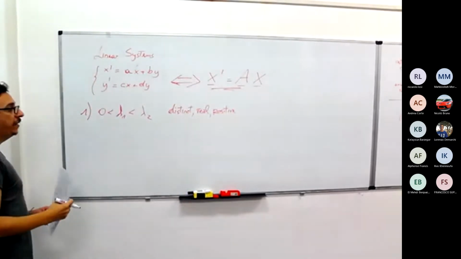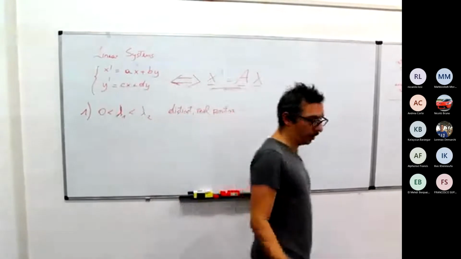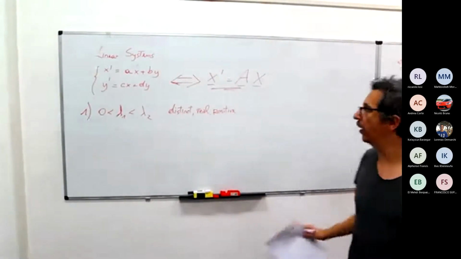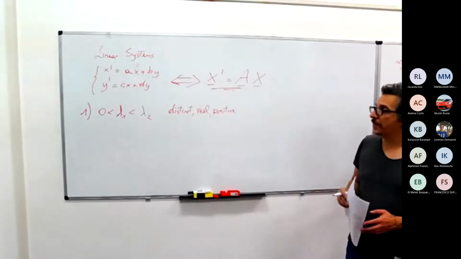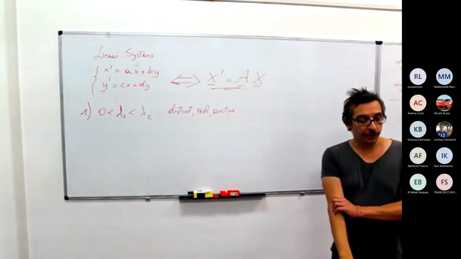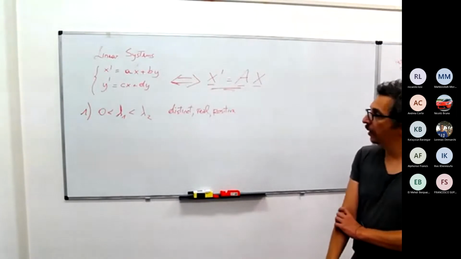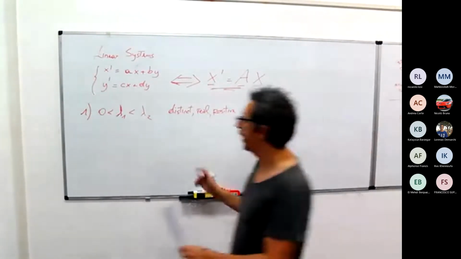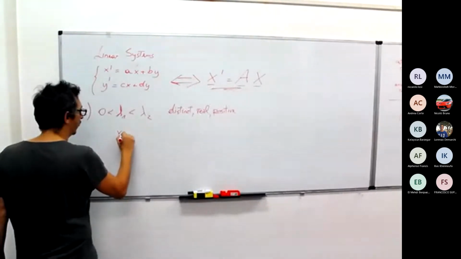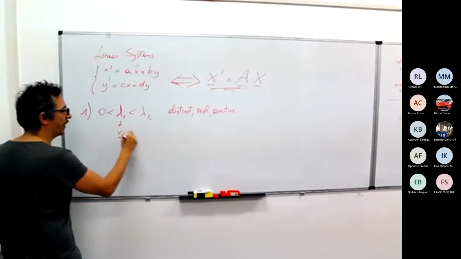Now, since these are two distinct eigenvalues and the matrix is a square matrix of size 2 by 2, there will also be two linearly independent eigenvectors corresponding to these eigenvalues. So there will be an eigenvector V1 corresponding to lambda 1 and an eigenvector V2 corresponding to lambda 2.